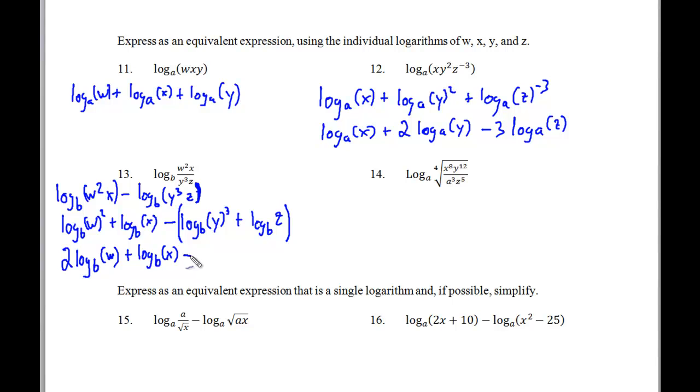So this is going to be minus 3 log base b of y minus, not plus, because we have to distribute the subtraction sign, log base b of z. And I'm sorry, my z's have little lines through them so they don't look like 2's. But that is the final answer to this problem. And most people make a mistake by having this as a plus instead of a minus.